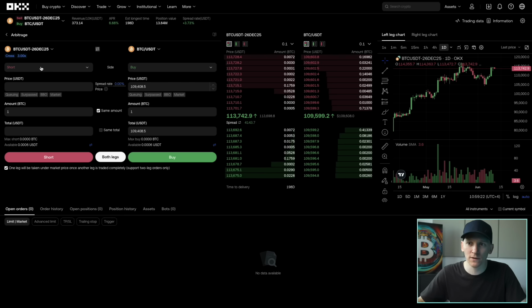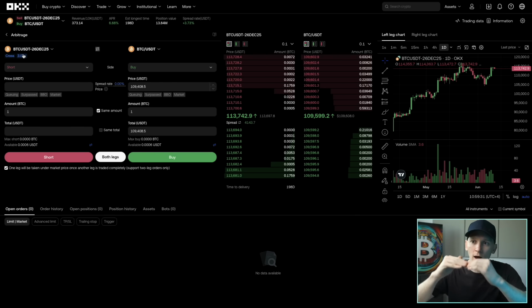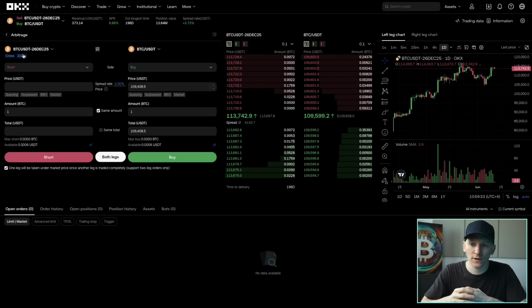However, if you get extremely violent price moves, it may be that you actually get stopped out on this side. The reason being is that you're using 3x leverage. So if you're short, the price can move up and you're at 3x leverage. If you have a $100,000 short position, you've only got $33.33 thousand there to fund that short position.